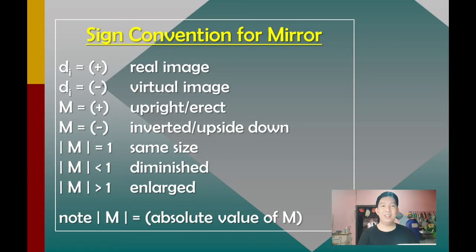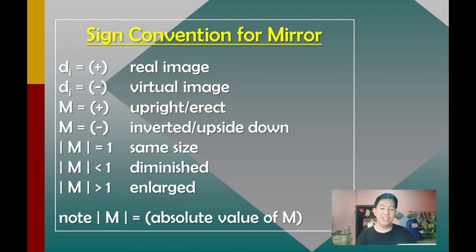We are done now with the computation part and we are now going to describe the image. So for the description of the image, we are going to use the sign convention for mirror. If the value of the DI is positive, then that is said to be a real image. If the value of the DI is negative, then that is said to be a virtual image.